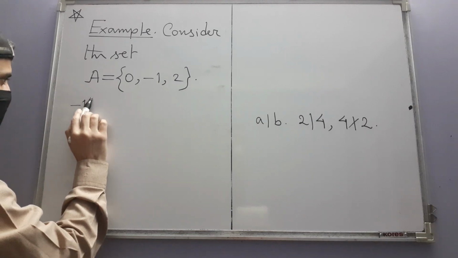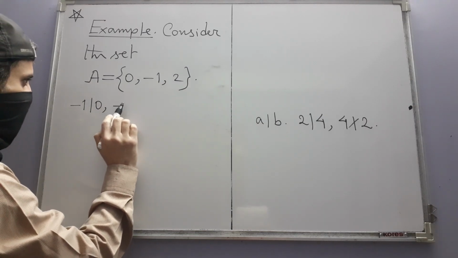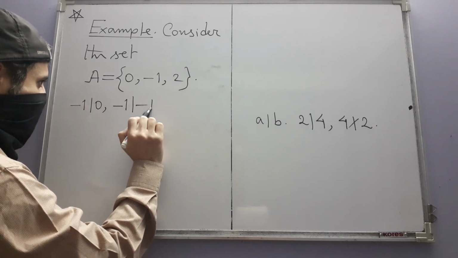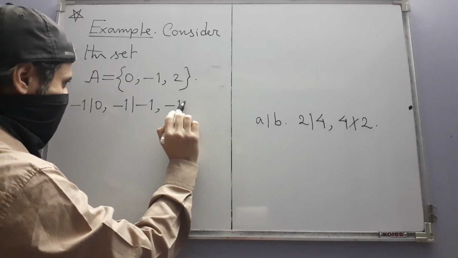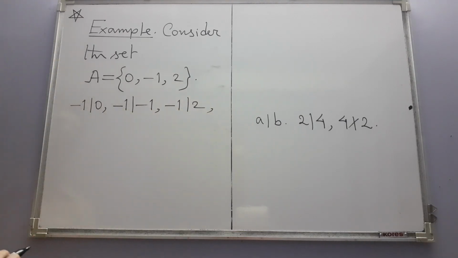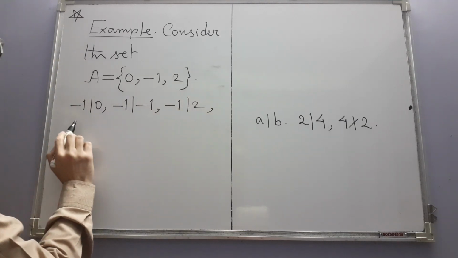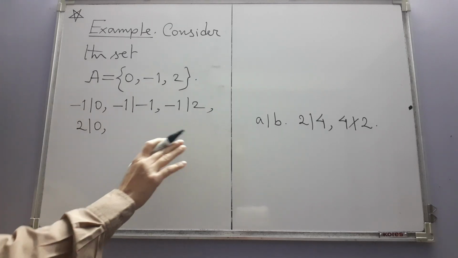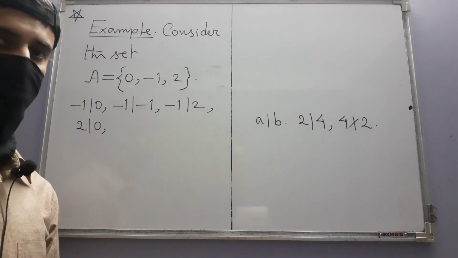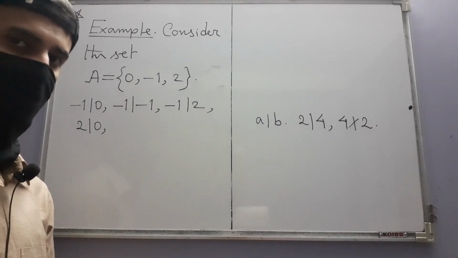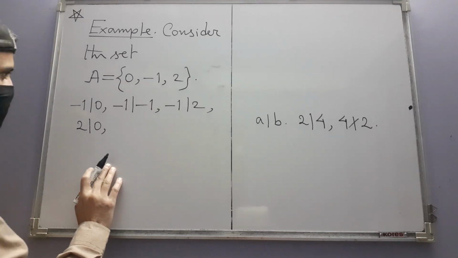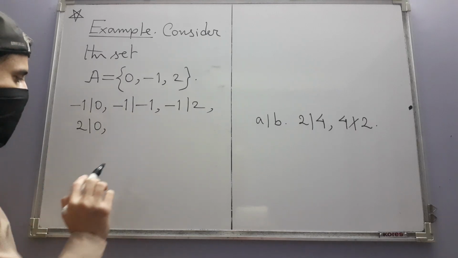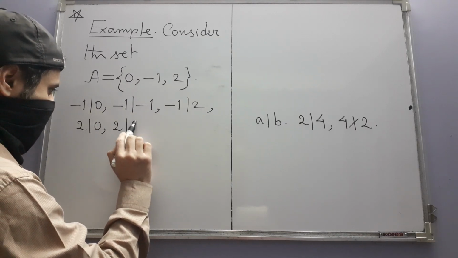So -1 divides 0, -1 divides -1, and -1 divides 2. What about 2? 2 divides 0. 0 doesn't divide anything, including itself, but any non-zero integer divides 0. 2 doesn't divide -1, but 2 divides itself.